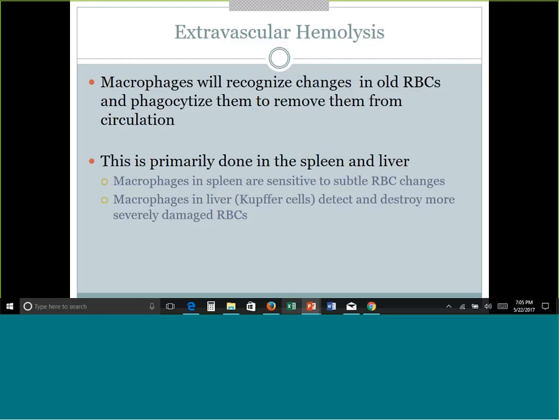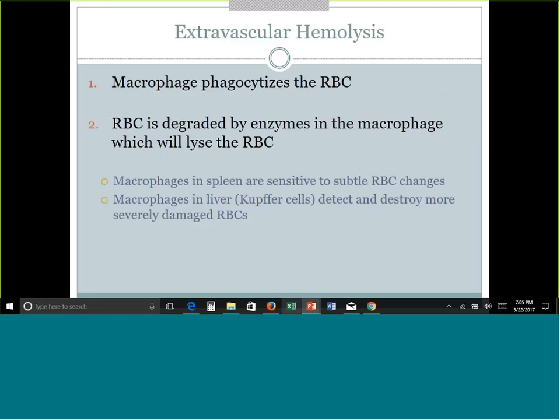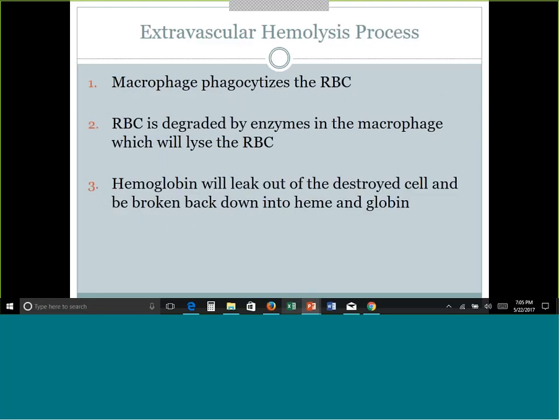That's kind of their main job anyway. They're always looking for something abnormal. So whatever is causing these abnormal cells to get phagocytized by the macrophages, something's causing them to do more eating up of the red cells than normal.